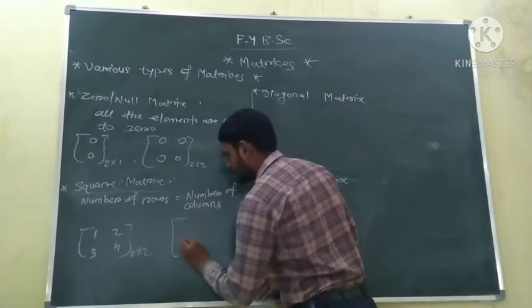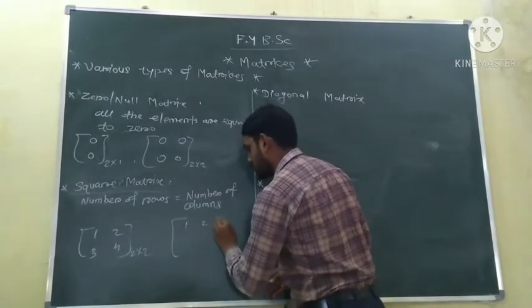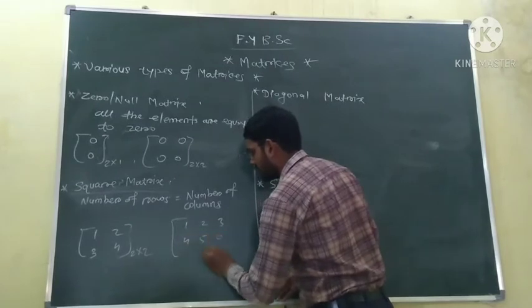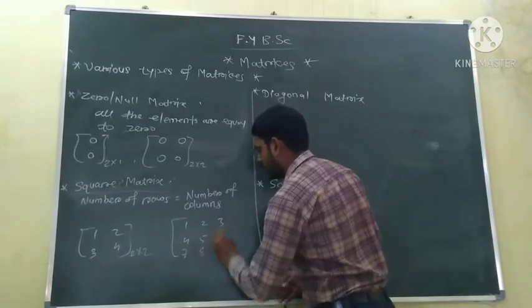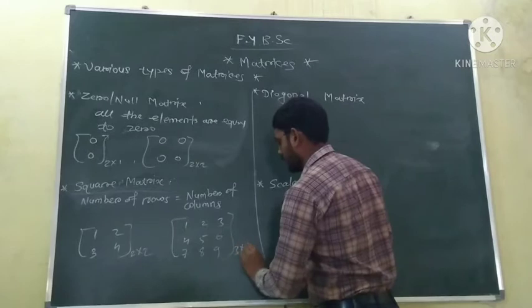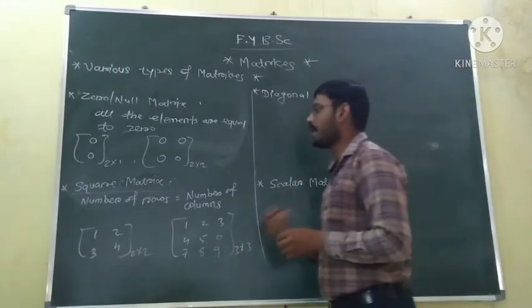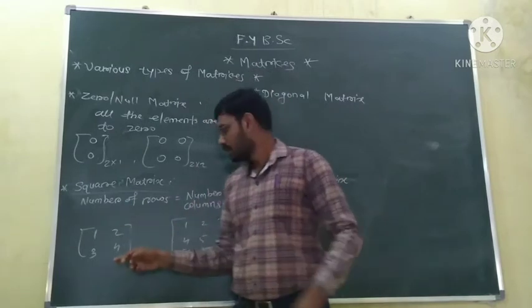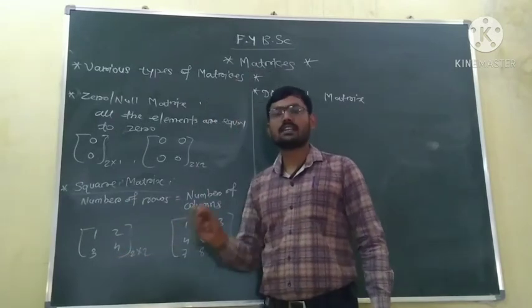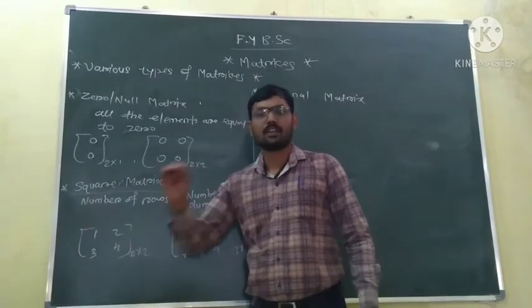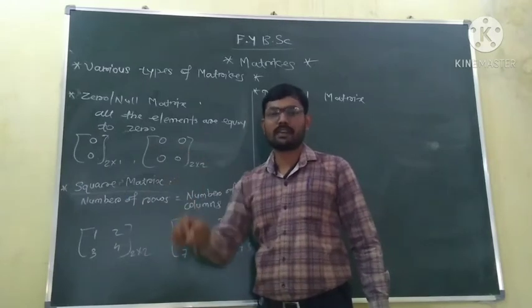This matrix 1 2 3 4 5 6 7 8 9 is 3 by 3. The number of rows is equal to the number of columns. So in a square matrix, instead of saying this is a 2 by 2 matrix, we just say this is a 2 square matrix.